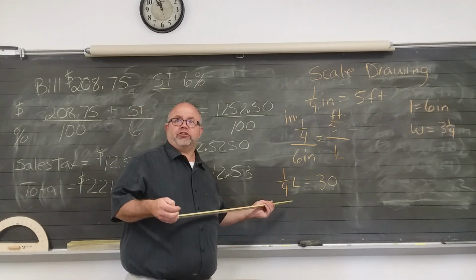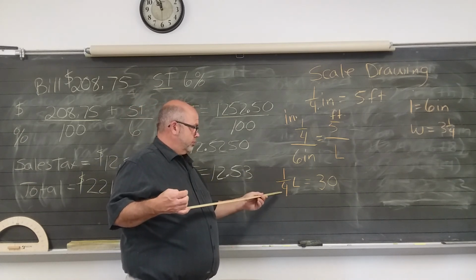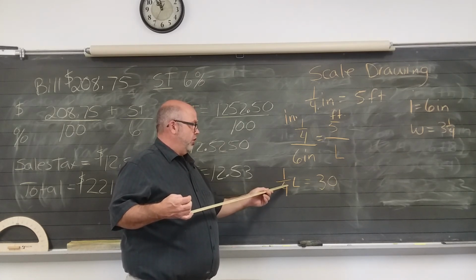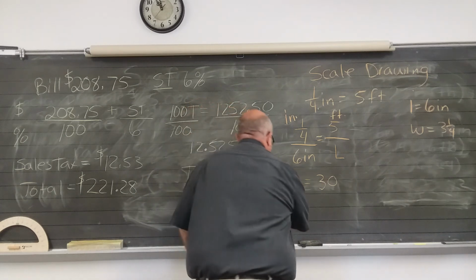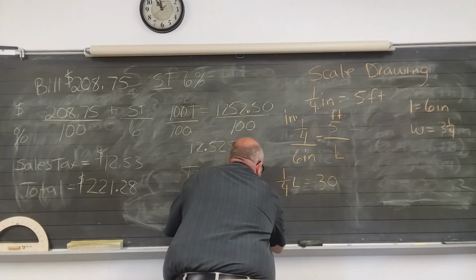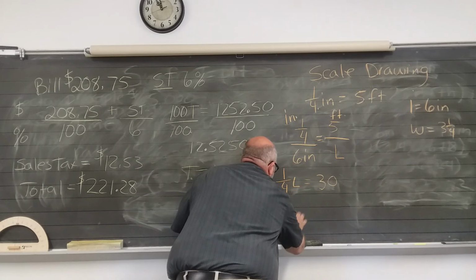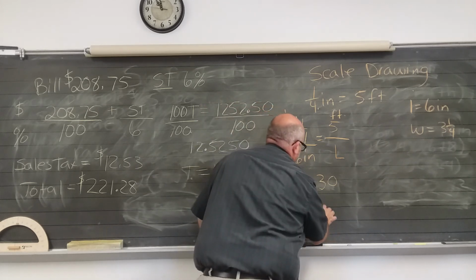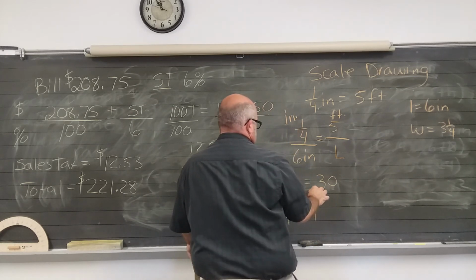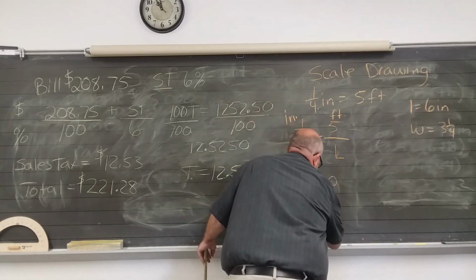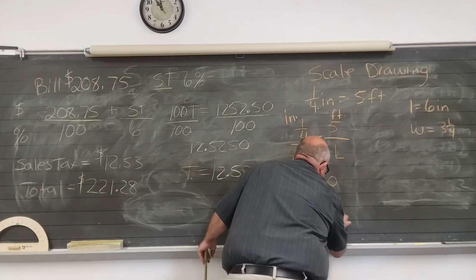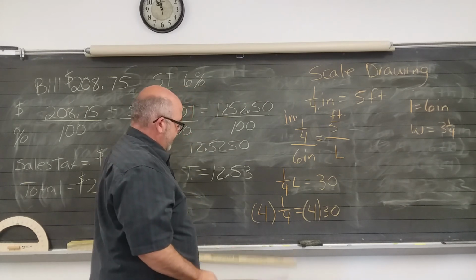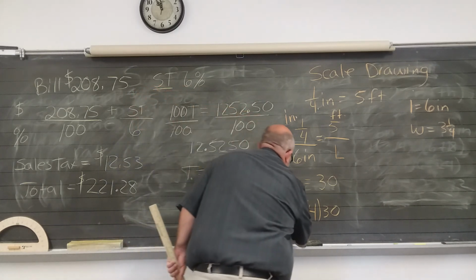How do we get rid of the fraction? This is 1 divided by 4, so times 4 gets rid of it. So 4 times 1/4 equals 4 times 30. Oh, we need the L here again.